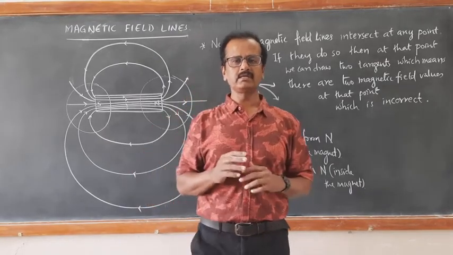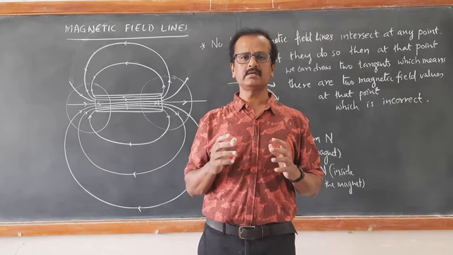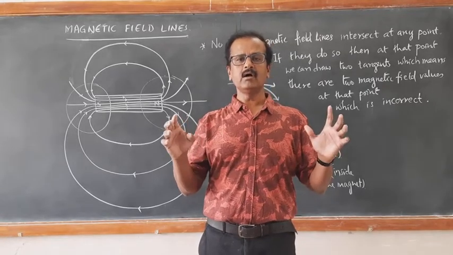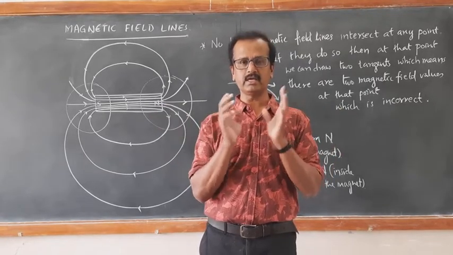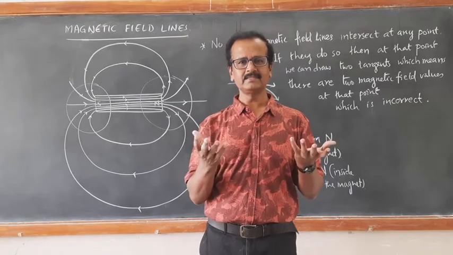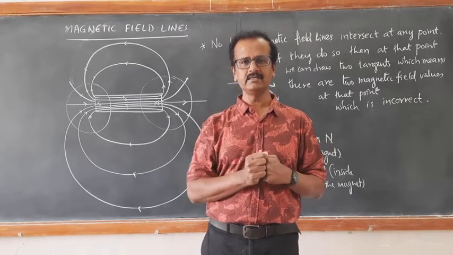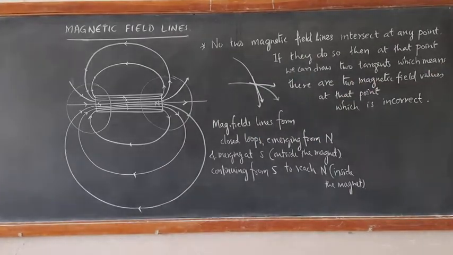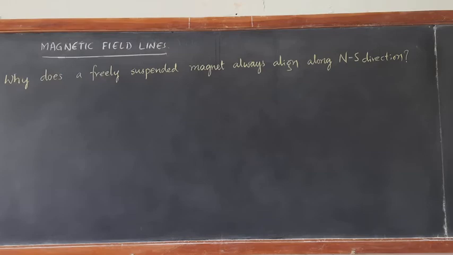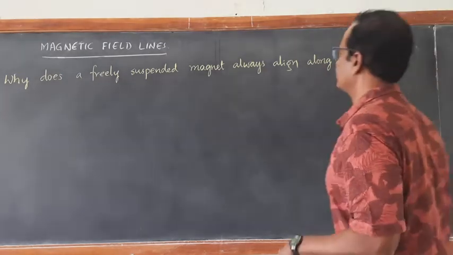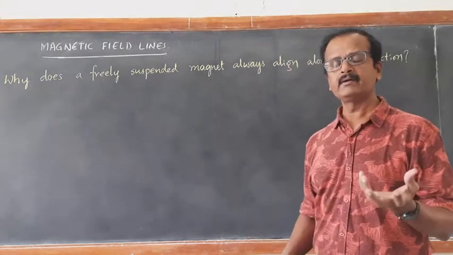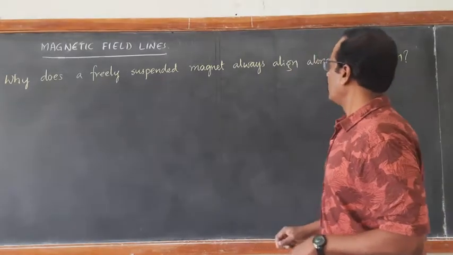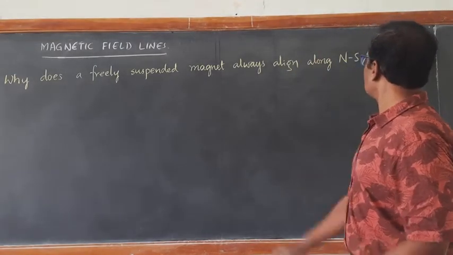Now the question arises, why does a magnet align only along north-south direction? This question arises in your mind, right? Now I will explain you the reason. Why does a freely suspended bar magnet, for that matter any type of magnet, always orient along north-south direction?